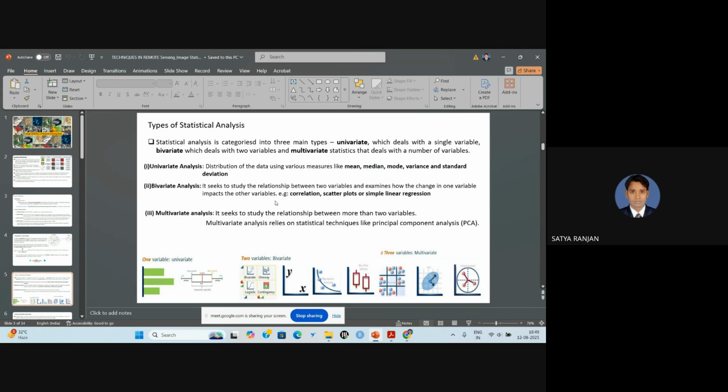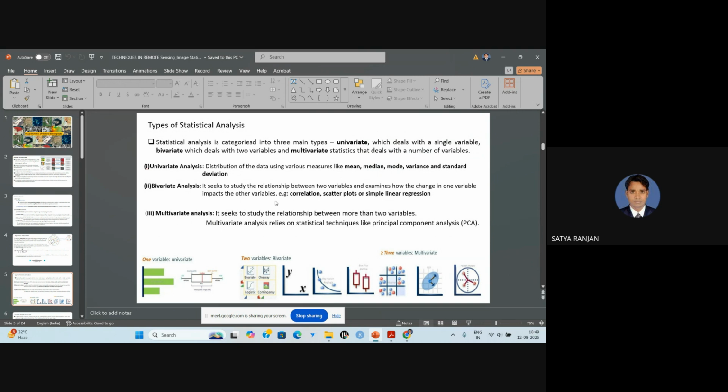Then types of statistical analysis. There are three main categories involved in statistical analysis: univariate analysis, bivariate analysis, and multivariate analysis. What is univariate analysis?